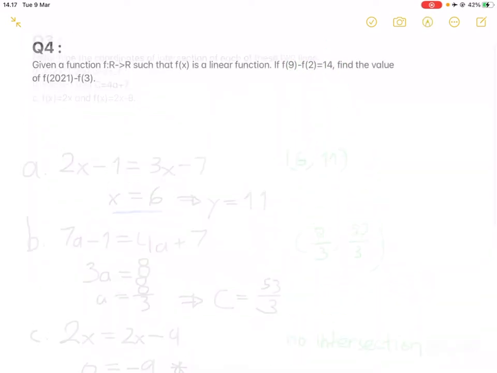Alright, for question 4, I decided to upscale the level of difficulty a bit. So here it is. Given a function f from the real numbers to the real numbers, this function is essentially defined on the set of real numbers. And also f of x is a linear function, so that's another clue.